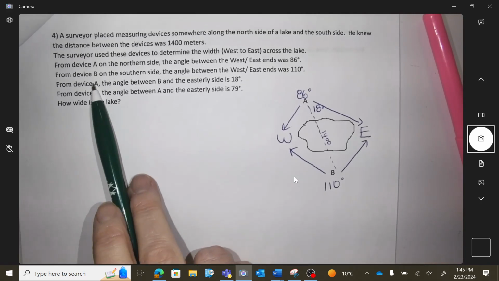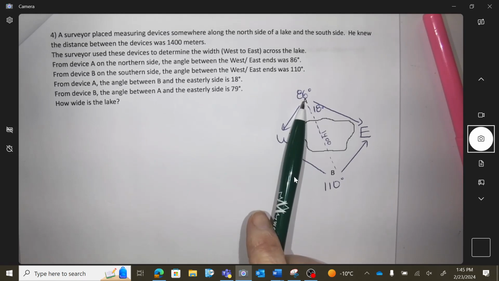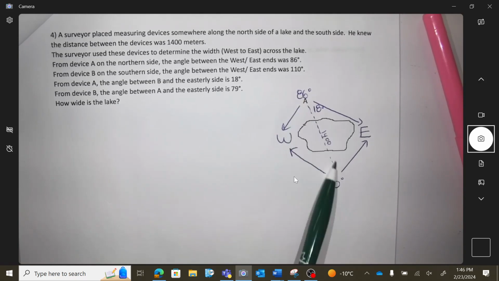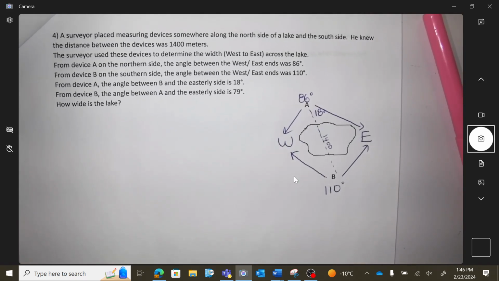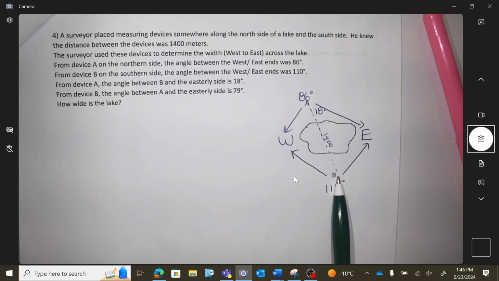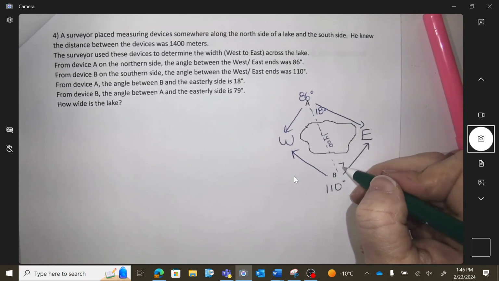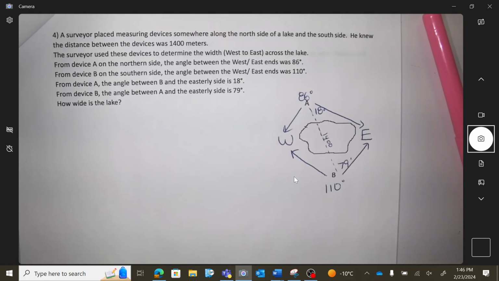So remember, you're at A, and when your eyes change from B to the end, that's 18. From device B, when you look between A and the east, that is 79. So where are you going to put 79? Right there.